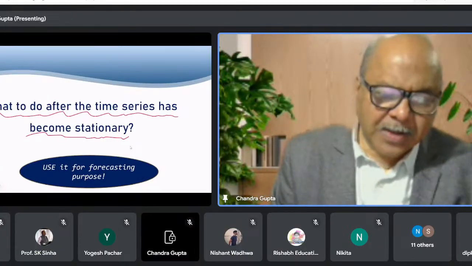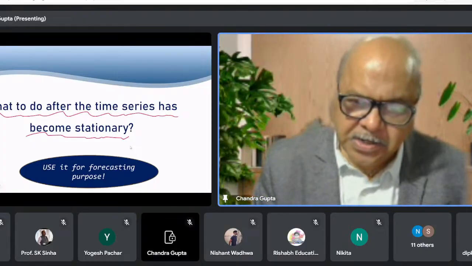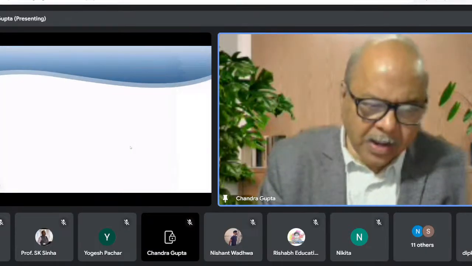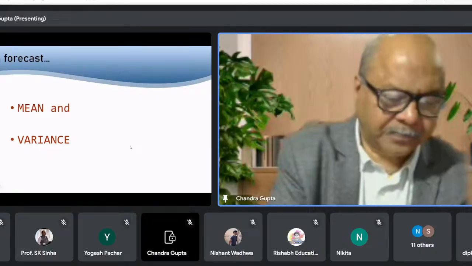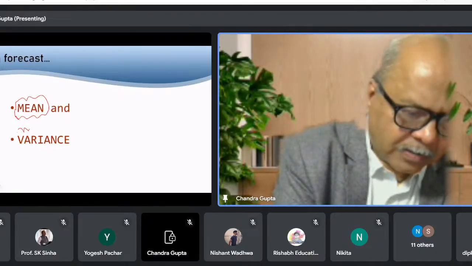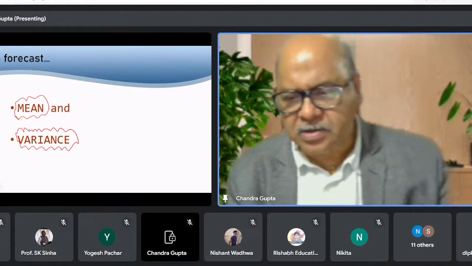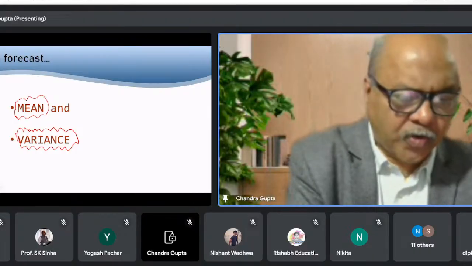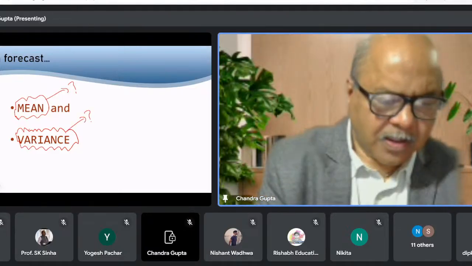We use stationary time series for forecasting purposes. So we can use forecasting mean and forecasting variance. Now the question is how to forecast mean, how to forecast variance.